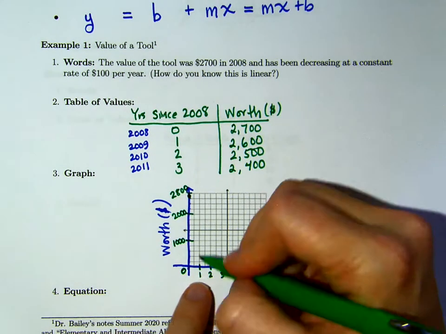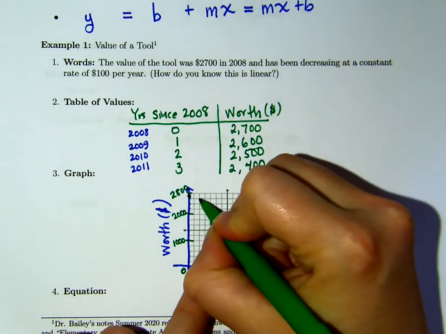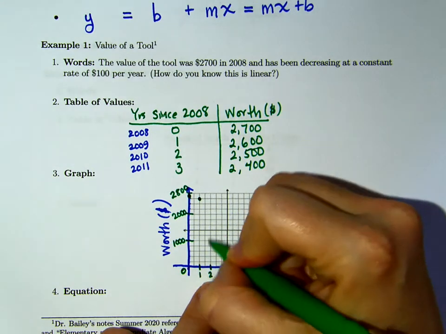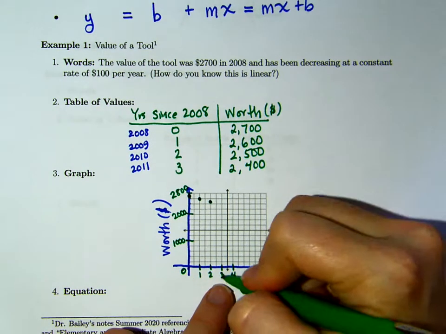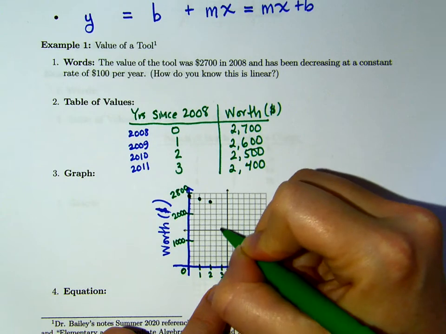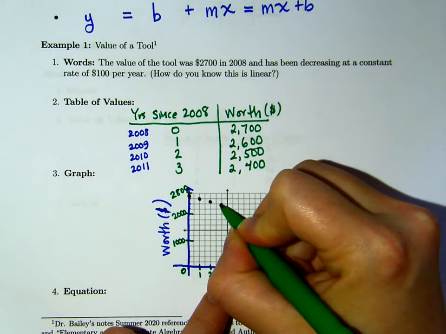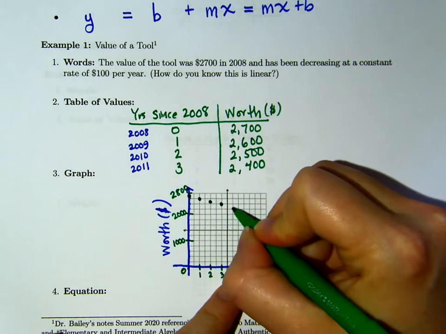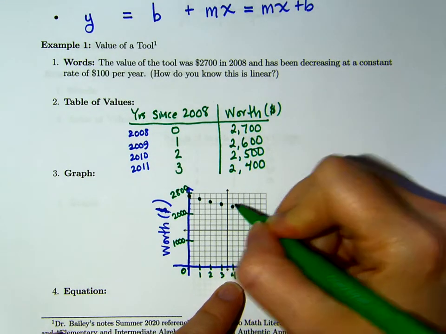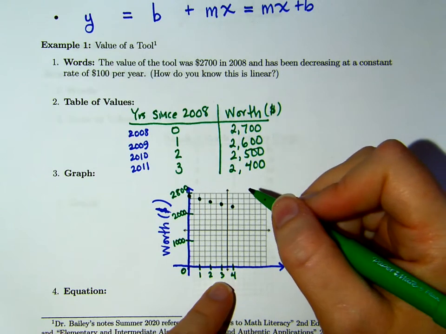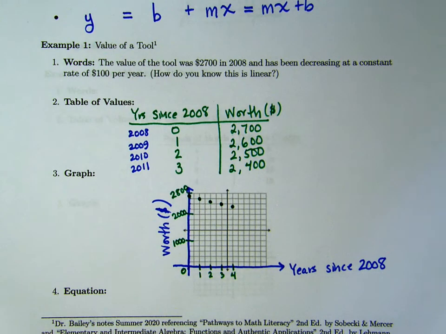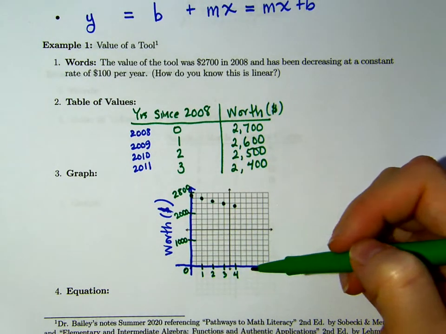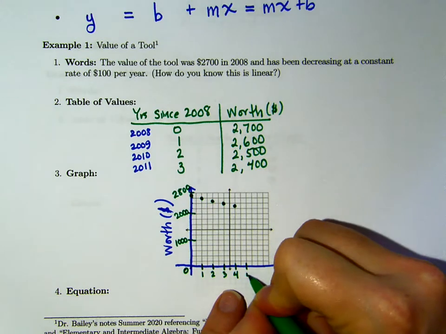So 1 year later, it is $2,600. 2 years later, it is $2,500. 3 years later, it is $2,400. 4 years later, just keep going down like this. I didn't put that in the table, but I can predict the trend. I see the pattern.